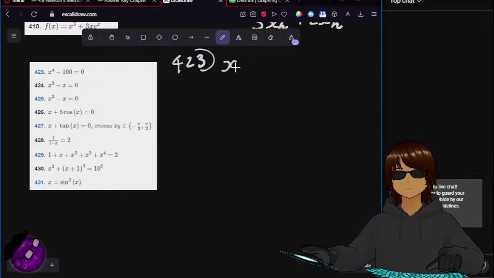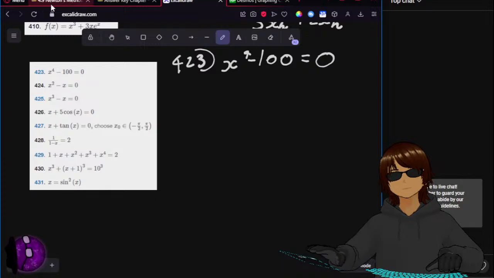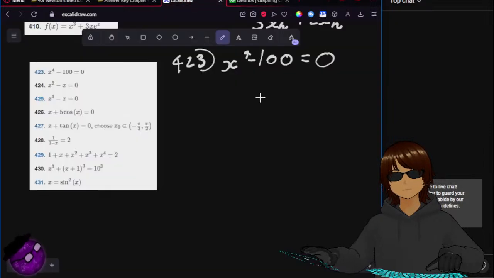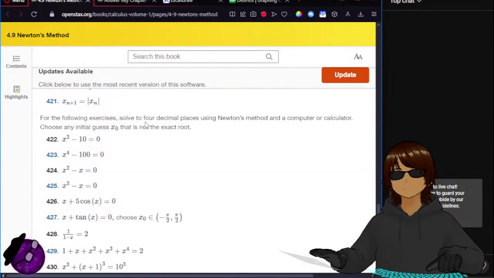So x to the power of 4 minus 100 is equal to 0.